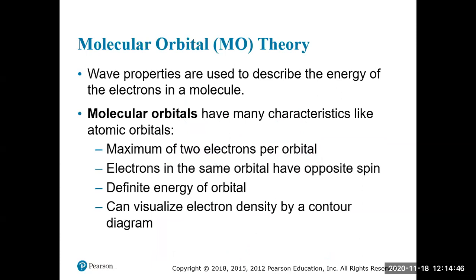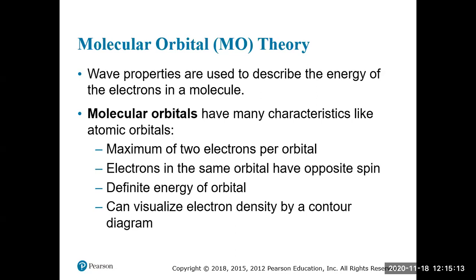Molecular orbitals have a lot of the same characteristics as atomic orbitals. You can have 2 electrons per orbital. Electrons in the same orbital have opposite spin. There are definite energy levels associated with the orbitals. And you can visualize the electron density by a contour diagram.